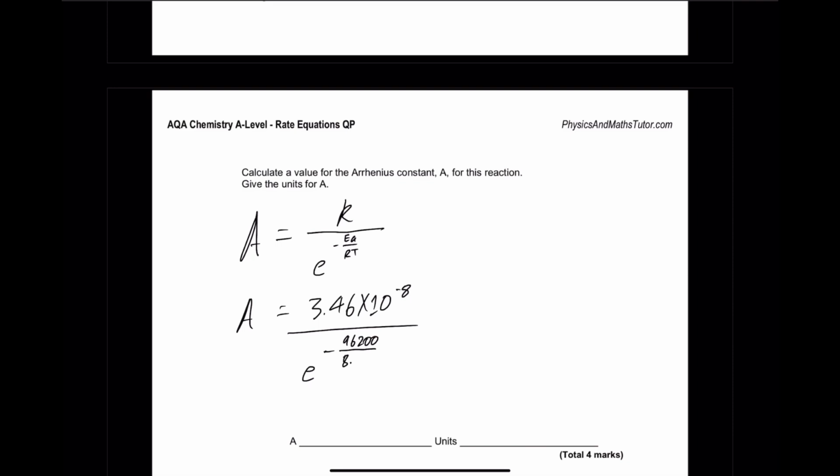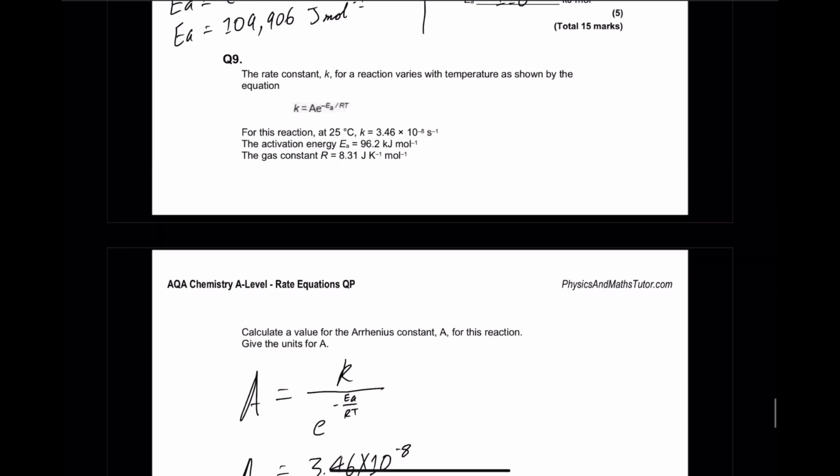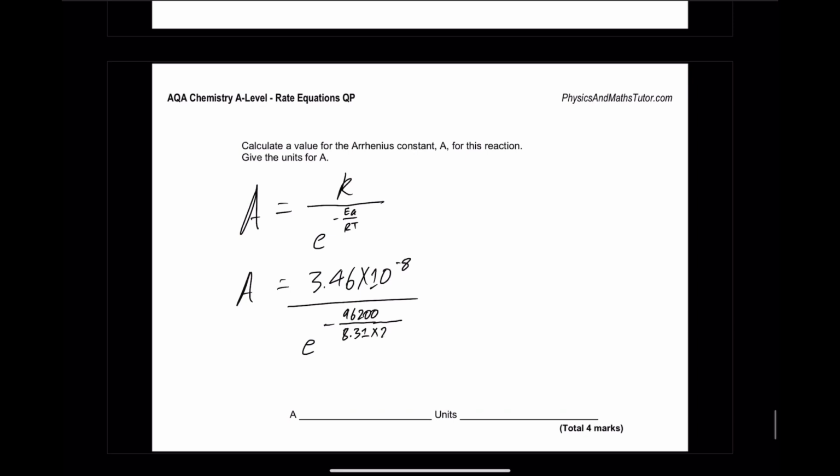And what's the temperature that we have? Temperature is 25 degrees Celsius, but we're using Kelvin here, so that's 298 Kelvin. Again, you just remember that from doing lots of questions.